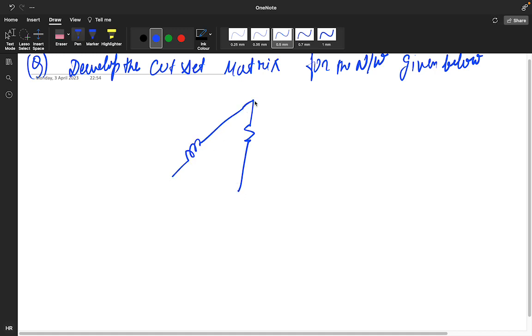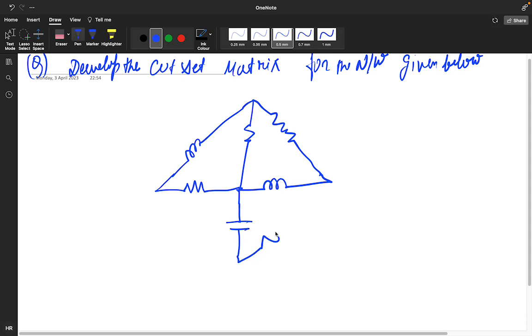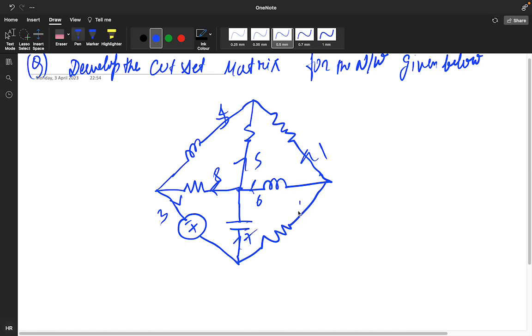It's the same network, with the 4th and 5th branch, the 1st branch, the 6th branch, the 8th branch, the 3rd branch, that was the 7th, and that was the 2nd. So from the same network you need to create it.